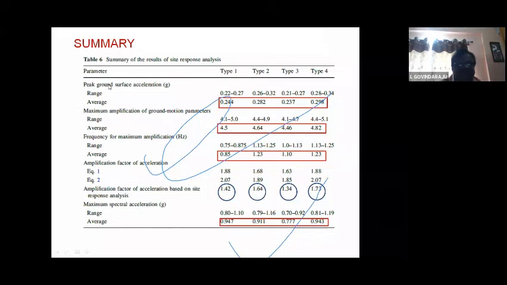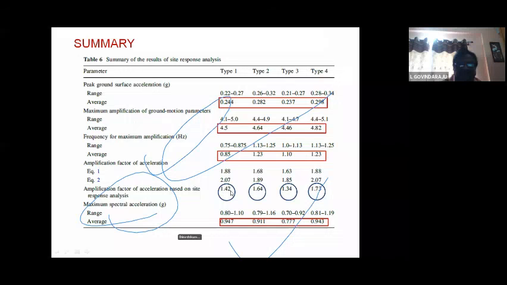Now, peak ground acceleration at the bedrock was 0.16, but by the time it reached the ground surface, the accelerations were 0.2, 0.24. So you can simply divide 0.24 by 0.16, and you get around 1.42, and then at another site 1.64, and there again 1.34, and at site 4, location 4, 1.73.